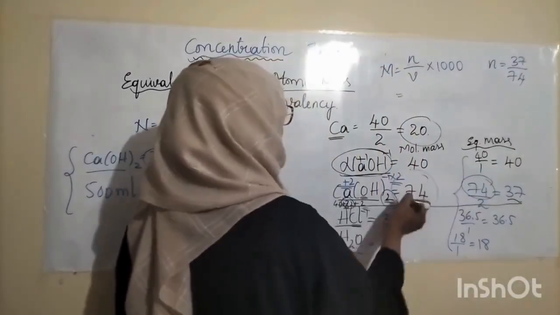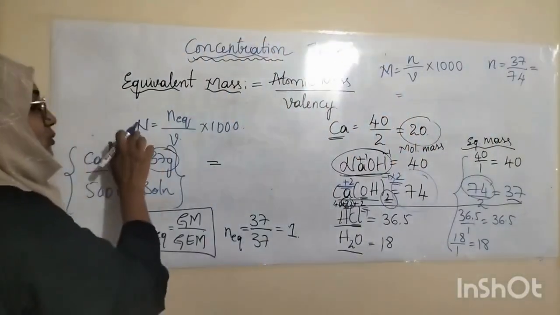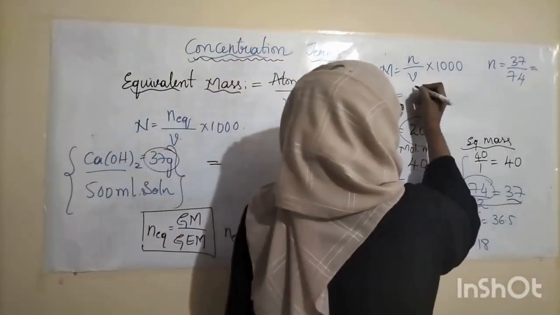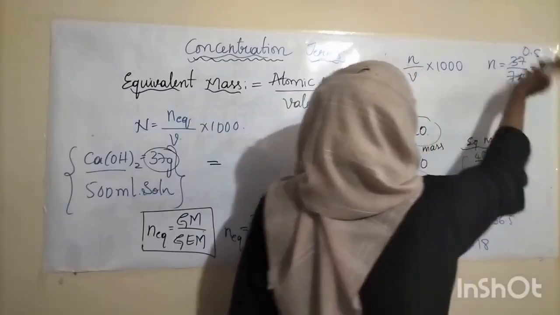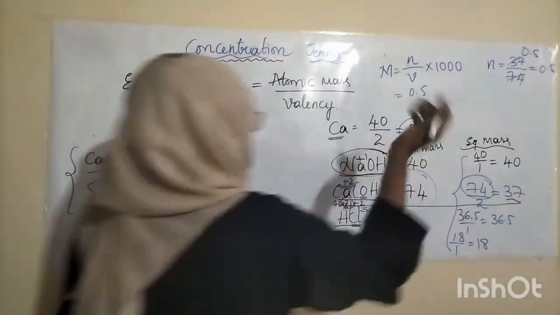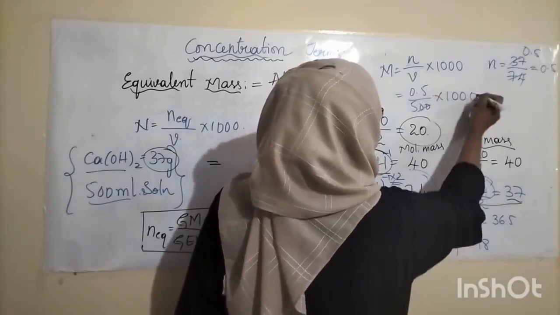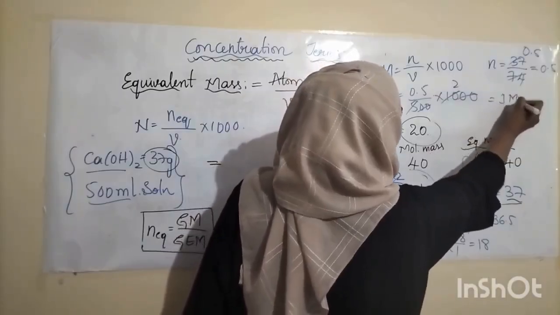Here we have to consider the molecular mass for molarity, and equivalent mass for normality. Hope it is clear. That means here it becomes 0.5, correct? 1 by 2, 0.5, and let us take 500 ml of the same solution. So it comes up to 1 molar.